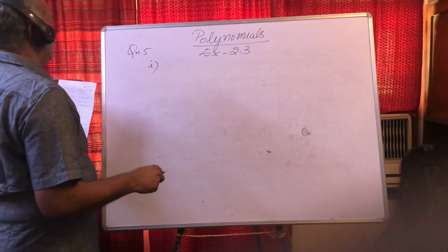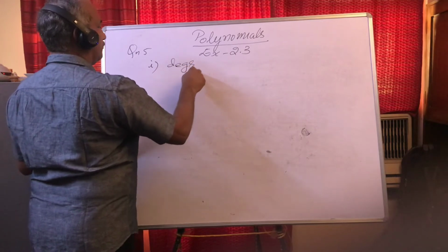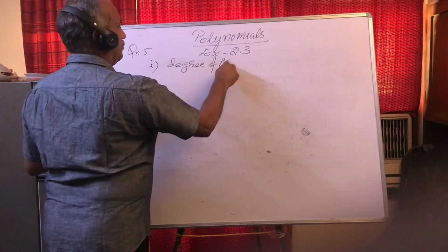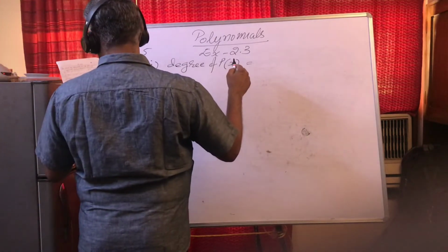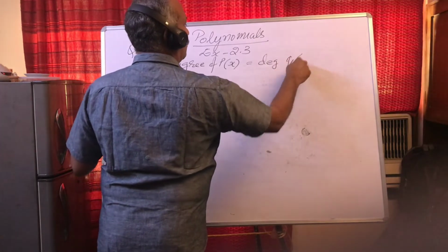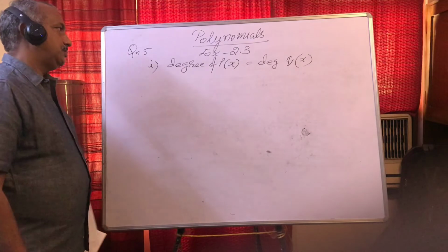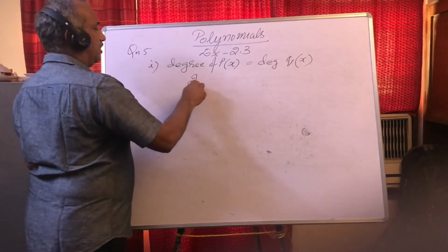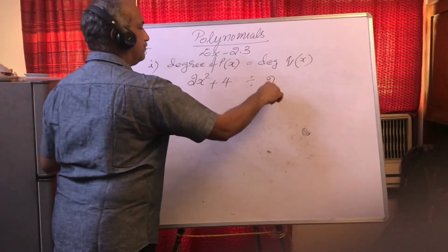First part, degree of p of x is equal to degree of q of x. This is a condition. Now you have to find two polynomials. See, a very simple example, 2x square plus 4 divided by 2.